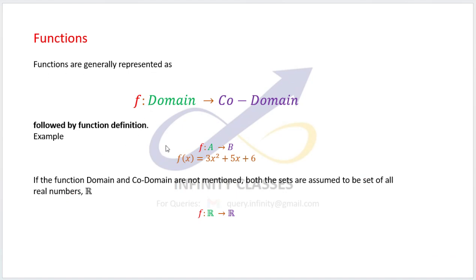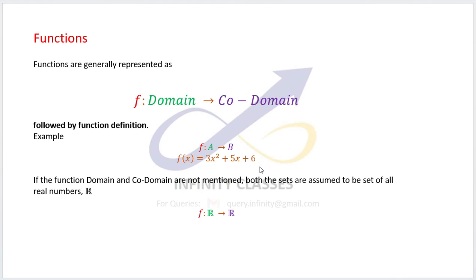Functions are generally represented as f from domain to codomain. So this is a set to another set. So f from A to B. A is a set, B is another set, and we write the complete function as f from A to B, and f(x) equals the definition of the function, 3x square plus 5x plus 6 in this case.